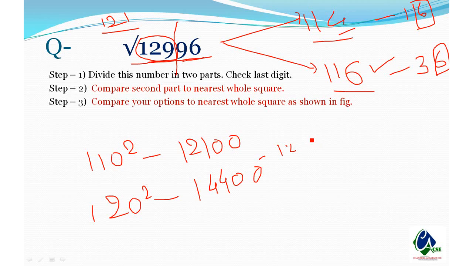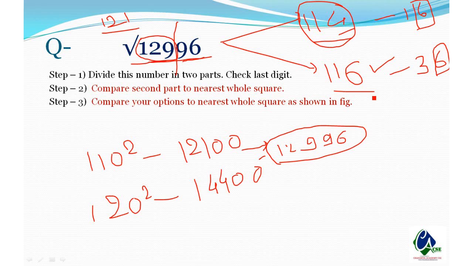See your 12996. This number is very close to this number. So your answer is 114 and 116 is the wrong option.